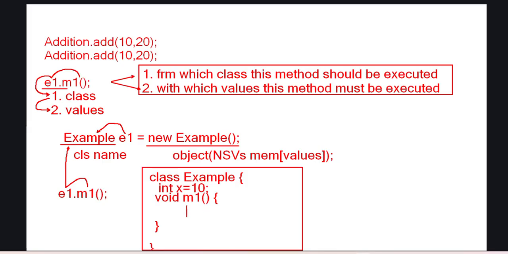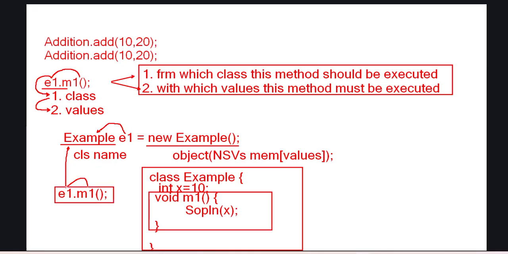Now inside this M1 method we access x. Now tell me, with this, when I call E1 dot M1, two points we are giving information to M1. Search for the M1 method in the E1 class. Control goes to the E1 class. In the E1 class the method is available, but inside it we are reading the x value. This x is a non-static variable, so from which object should this value come? The E1 pointing object.